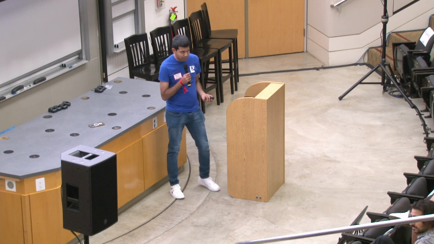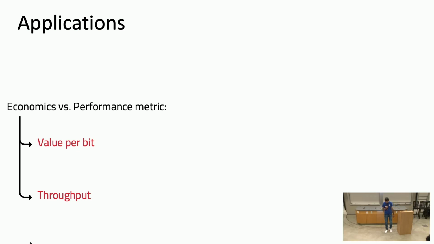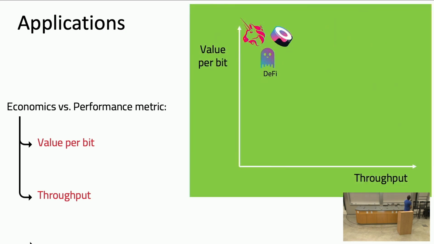One dimension which I think a lot of people think about is throughput. What is the rate at which you can run the blockchain? There is another dimension which is equally important, which is value per bit. What is value per bit? So here are the 2 axes, throughput and value per bit.